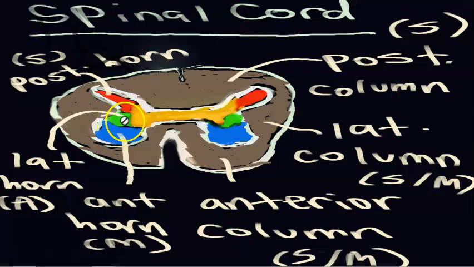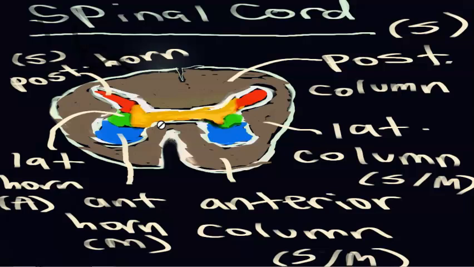And the lateral horn is going to send autonomic information. So it's going to send signals to innervate cardiac and smooth muscle and also glands. So things that are involuntary, things that we can't control, part of the autonomic nervous system.